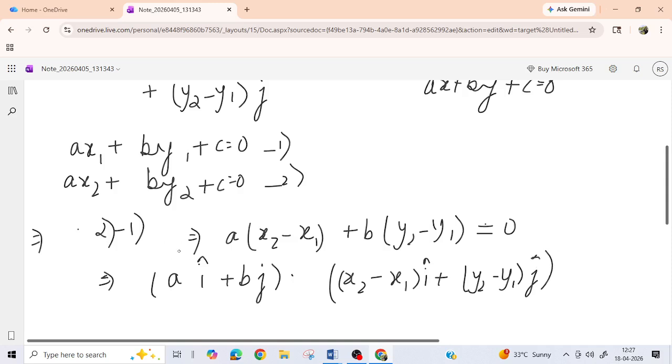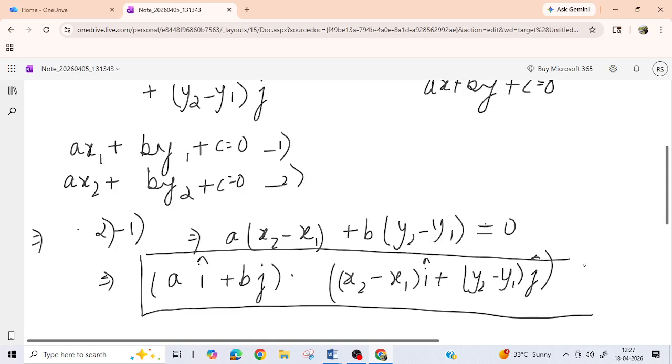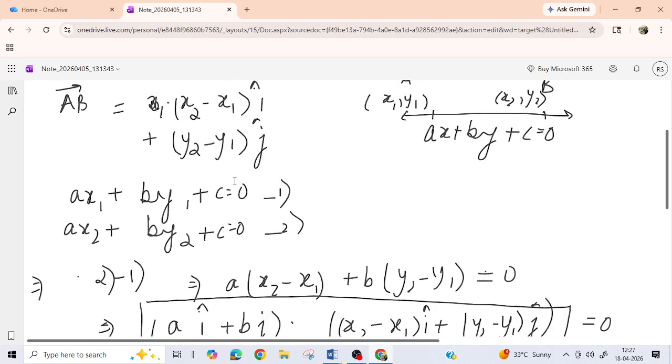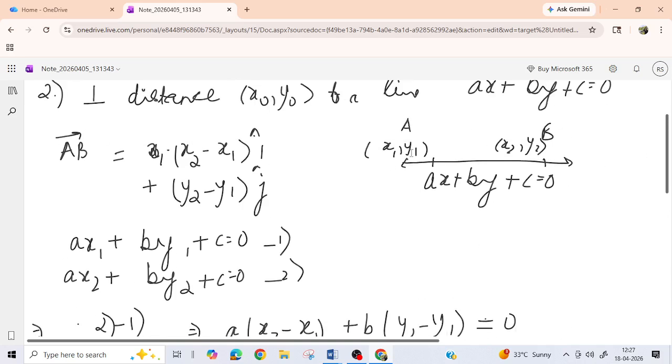That is the most critical trick over here, because then we will use it to identify the vector which is perpendicular to this vector. Now if you look into this, (x2 minus x1, y2 minus y1) is nothing but the vector notation for the line AB, for this specific line, and we wanted to find out the vector which is perpendicular to this.